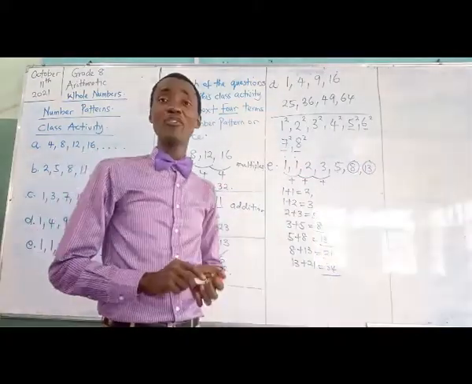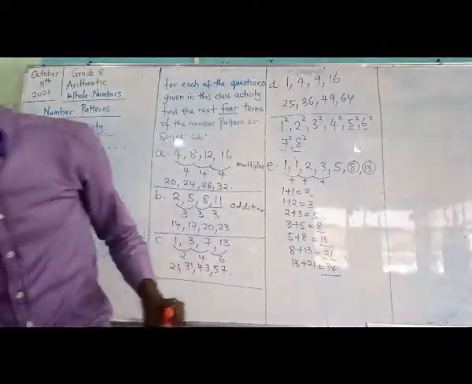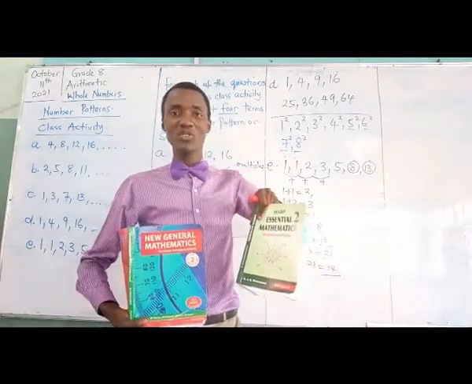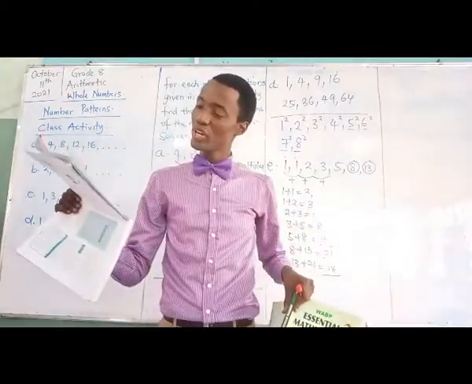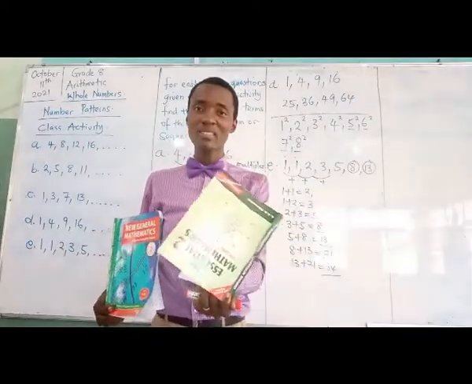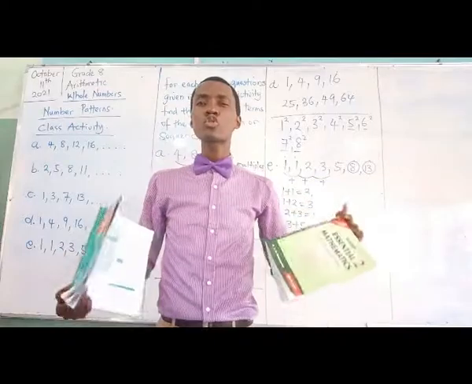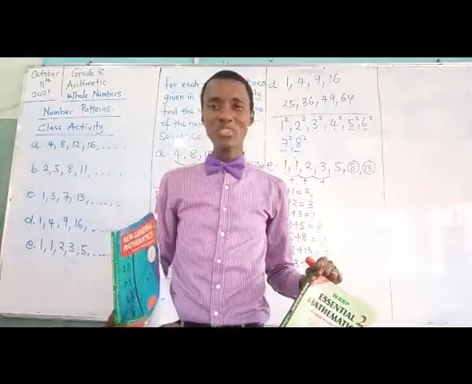So what I would advise you to do is pick any of these textbooks, either New General Mathematics for JS2, which is our grade 8, or the Essential Mathematics. Pick any of them, and solve all the questions on sequence.